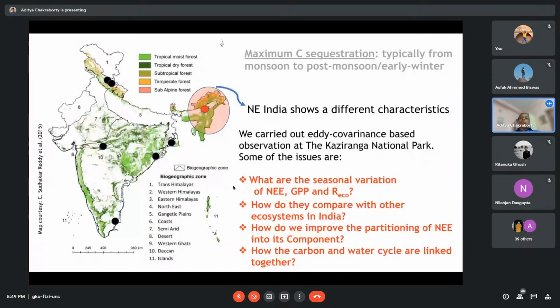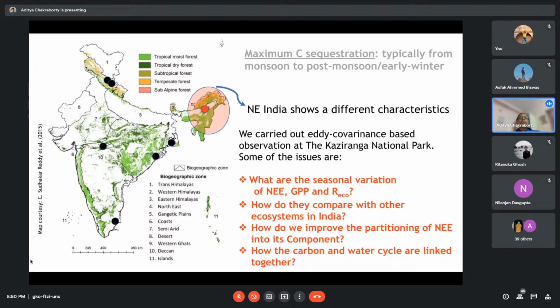So what we like to discuss, or what we study at Kaziranga National Park, is given here in the form of bullets. That is, what are the seasonal variations of NEE, GPP and RECO? Then how do they compare with other ecosystems in India? Then how do we improve the partitioning of NEE into its components?